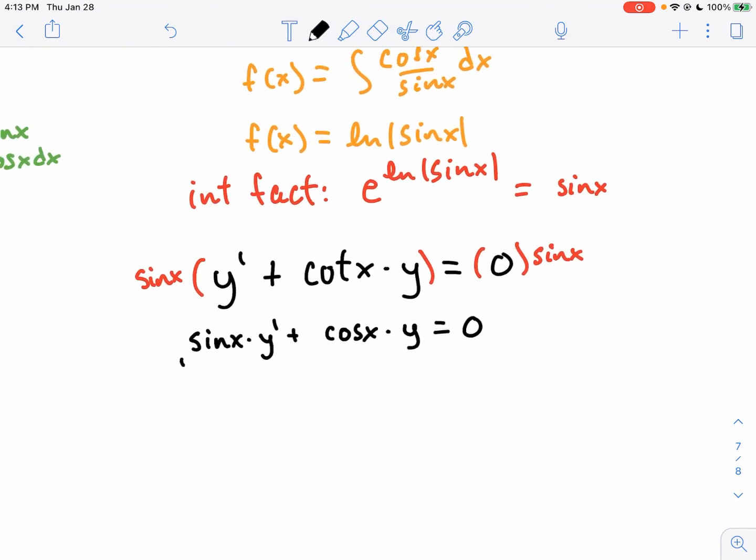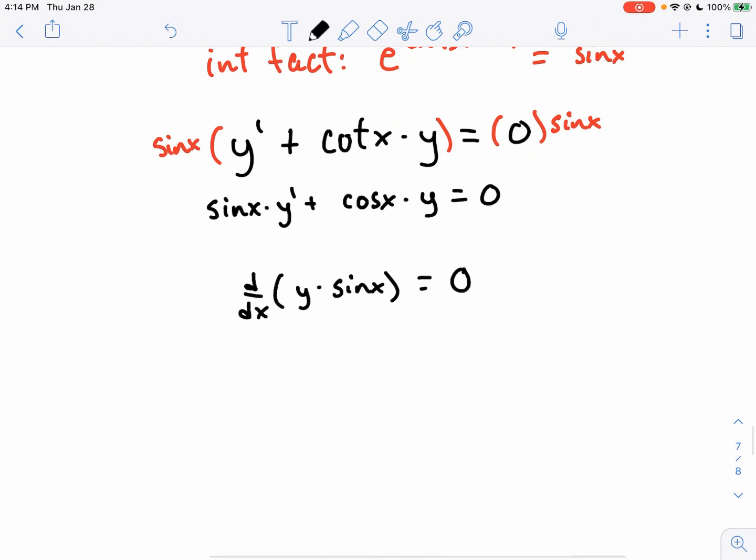And we recognize this, in fact, as the result of the derivative of a product. And that product will always be y times the integrating factor, which in this case is sine of x. Let's just test it real fast using product rule. Derivative of the first, check, times the second, check, plus the first, check, times the derivative of the second, derivative of sine is cosine. So this works out. And the other side is just 0.